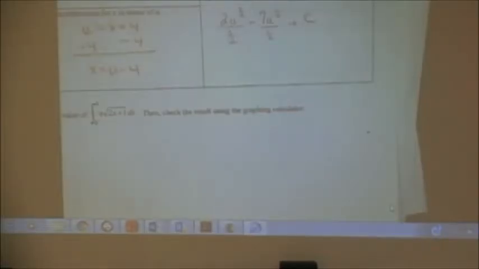We don't know how to integrate by parts. And now last step is just plug u back in.